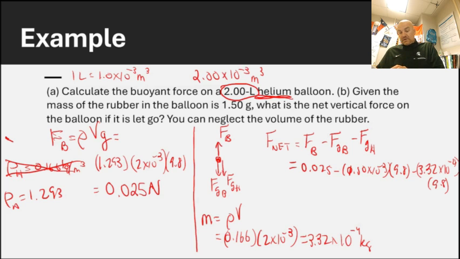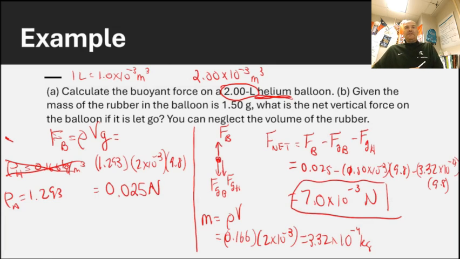So 0.025 minus 1.5 e negative 3 times 9.8. It's not part of the exponent, minus 3.32 exponent negative 4. Not divided by, but times. And we get a number.